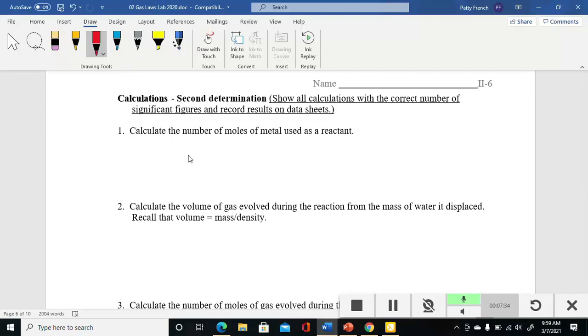First, we're going to calculate the number of moles of metal, so that's calcium in my particular case, that were used as a reactant. So we had 0.1766 grams of calcium, and calcium's molar mass is 40.08 grams per mole, so using dimensional analysis, 1 mole over 40.08 grams of calcium.